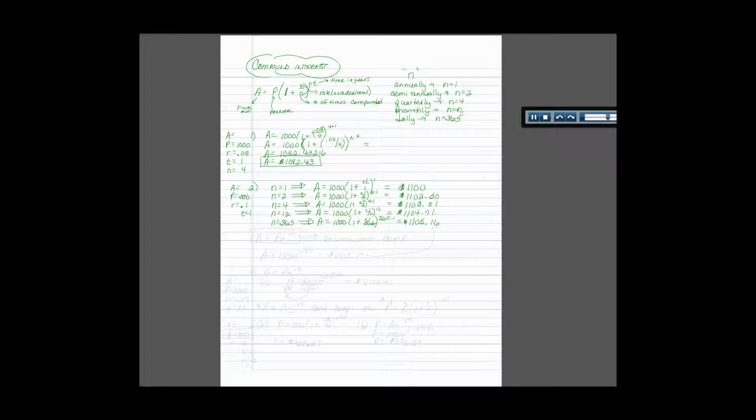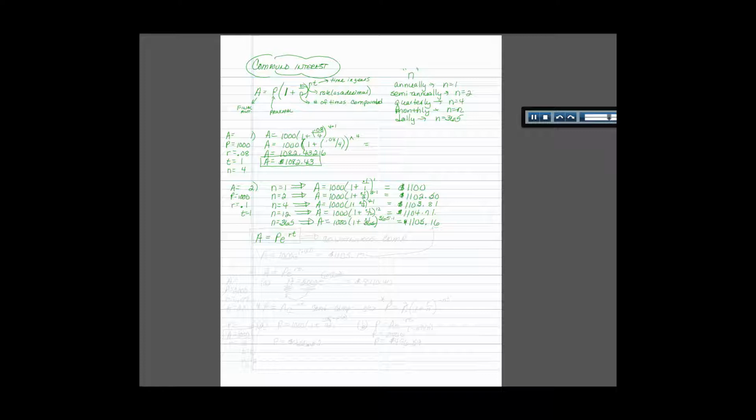If it was compounded continuously, that's called continuous compounding. And the formula for that is one of our exponential functions, and that's this. It's the amount is equal to the principal times E raised to the RT. So it's quite different than our other formula for compound interest. So let's look at how that works.